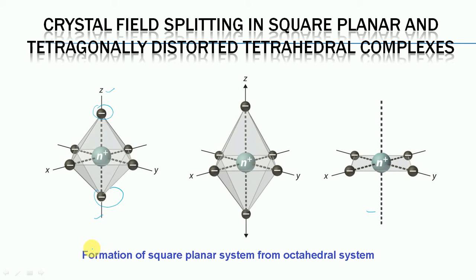Between these two structures, the first one is the octahedral and the second one is the square planar.